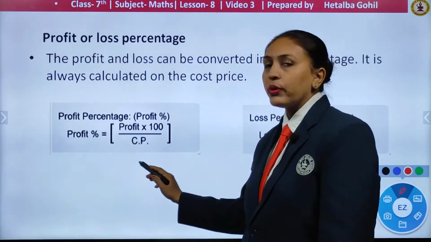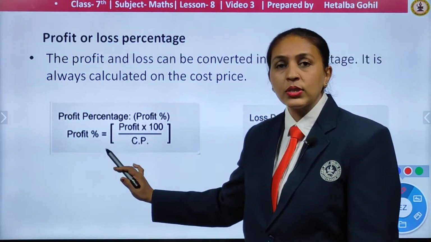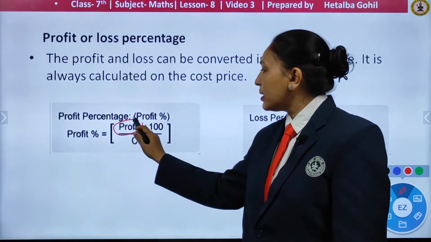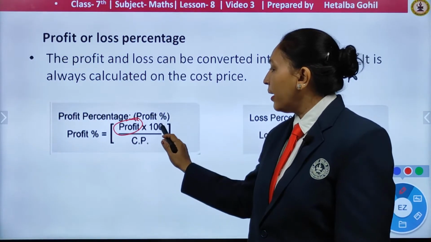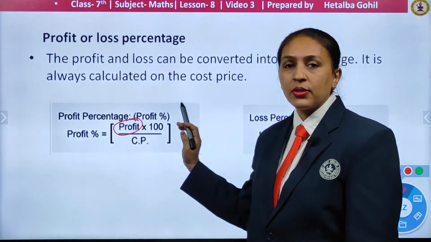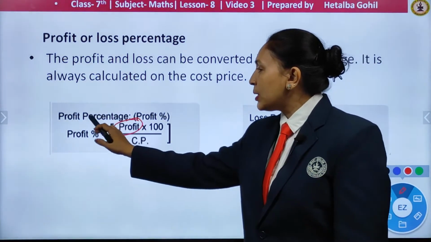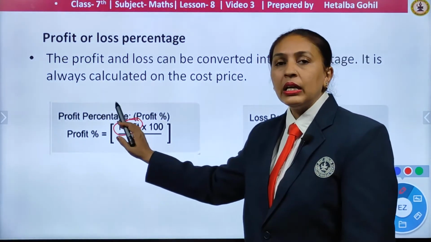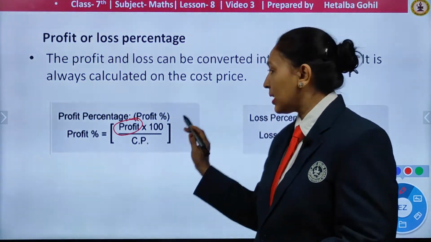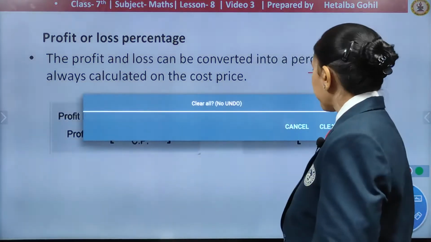We always calculate it on cost price only, no selling price is involved here. Only one thing changes; into 100 and upon CP remain the same in both profit percentage and loss percentage. If it is profit percent, here it will be profit; if it is loss percentage, here it will be loss. The remaining things remain the same in the formula.